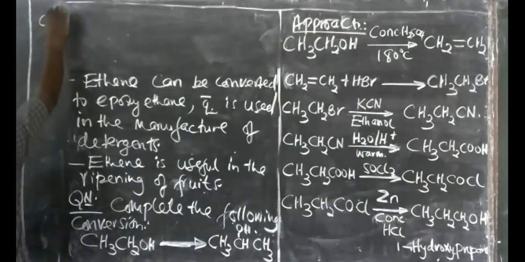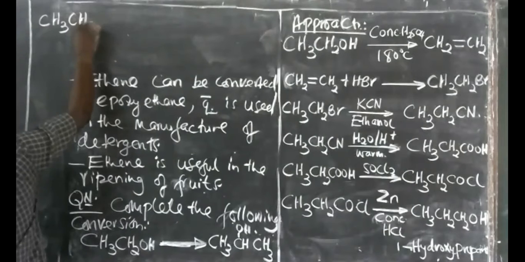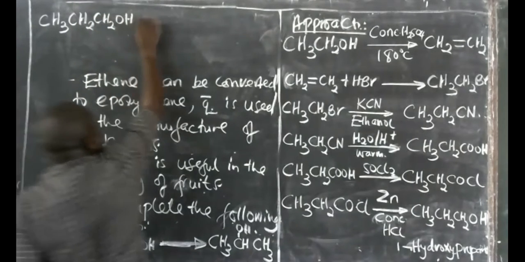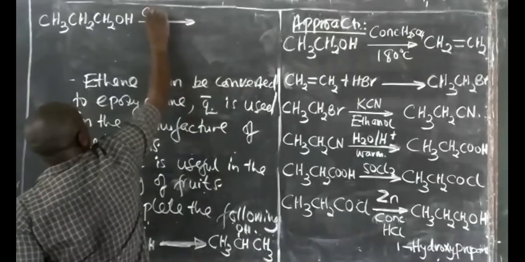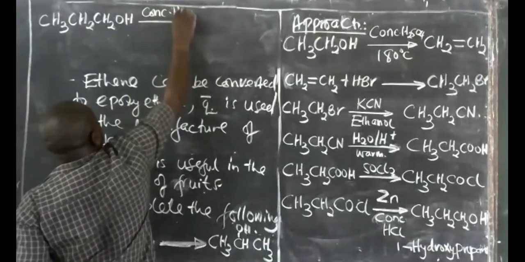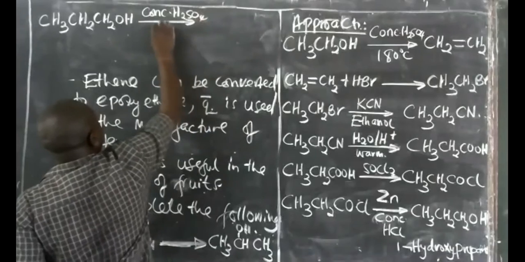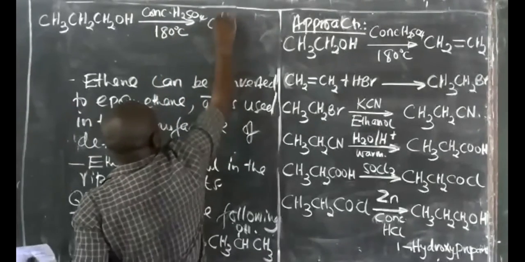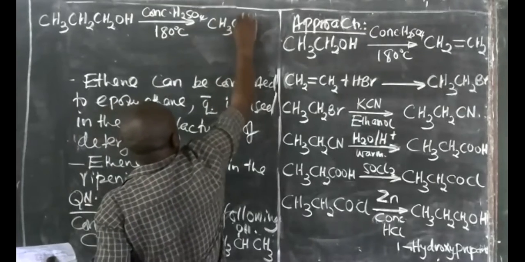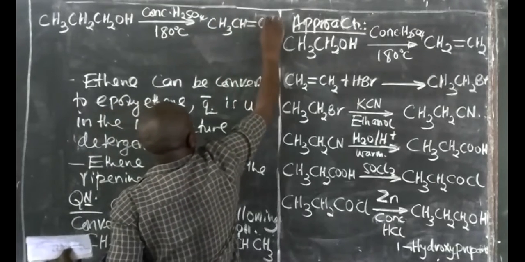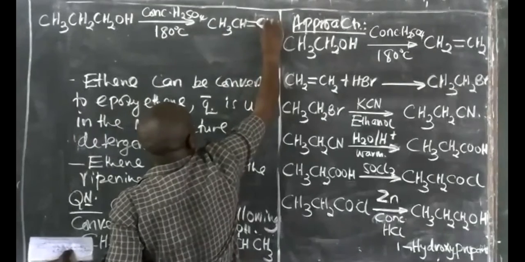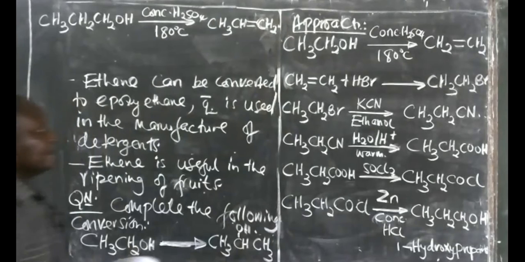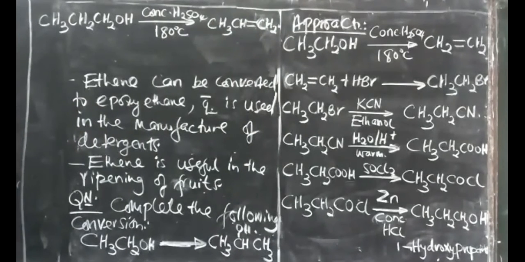We can now have CH3CH2CH2OH in the presence of sulfuric acid, temperature 180 degrees centigrade, is going to give us CH3CH=CH2.